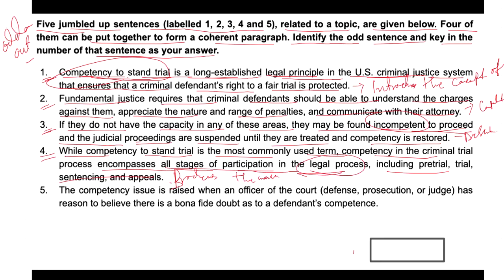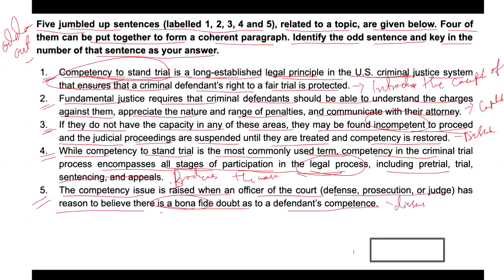Now, sentence 5 stated, the competency issue is raised when an officer of the court, defense, prosecution or judge has a reason to believe there is a bona fide doubt as to a defendant's competency. This discusses how the competency issue is raised in court, focusing on the procedural aspect, right?